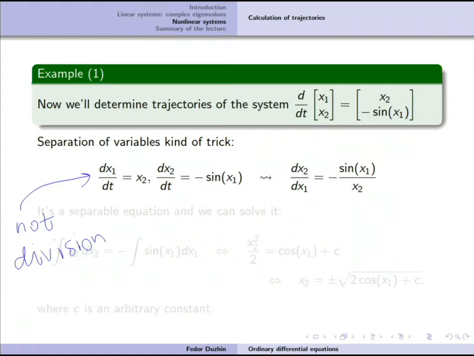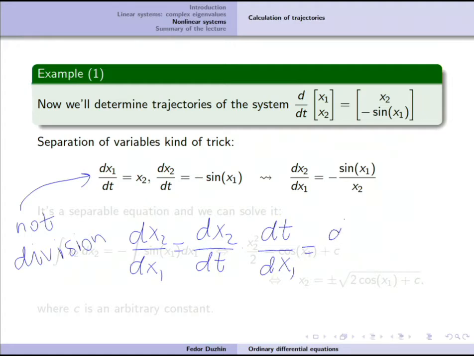But the reason the notation is similar to division is because in some ways it behaves similarly. For instance, if you try to calculate the derivative of x2 with respect to x1, then by the chain rule, it is the same thing as dx2/dt times dt/dx1, which in turn is dx2/dt, and the derivative dt/dx1 is the reciprocal of the derivative dx1/dt.